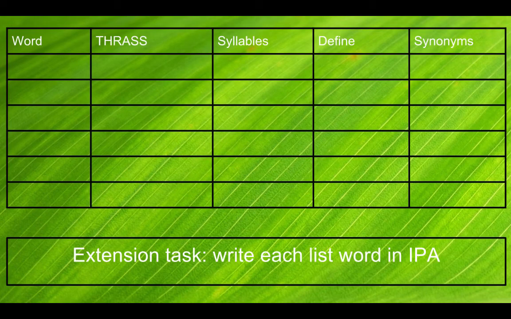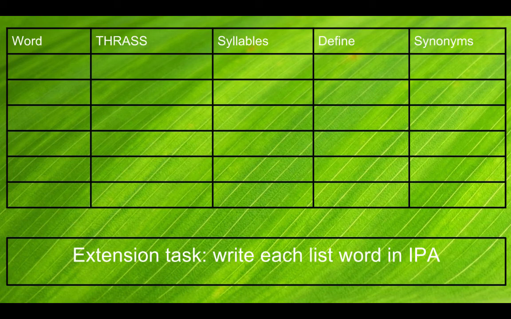We're going to, of course, move on to setting up our page with 5 columns for the word, thrashing out each word, and writing in syllables. Don't forget to show how you have split the word into syllables, as well as record the number of syllables that are present. Defining each word, make sure your definitions are things that you understand, could be put in your own words, a way that you could explain it to somebody else, and the synonyms that you can think of for each of your words.